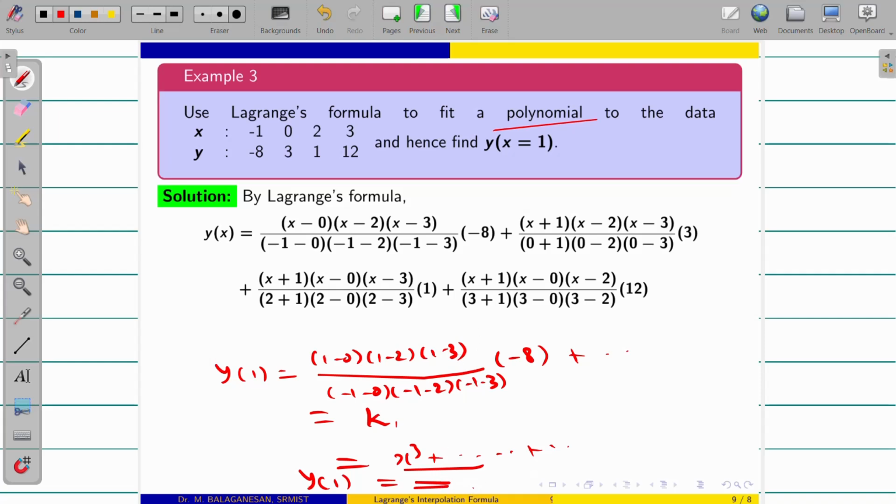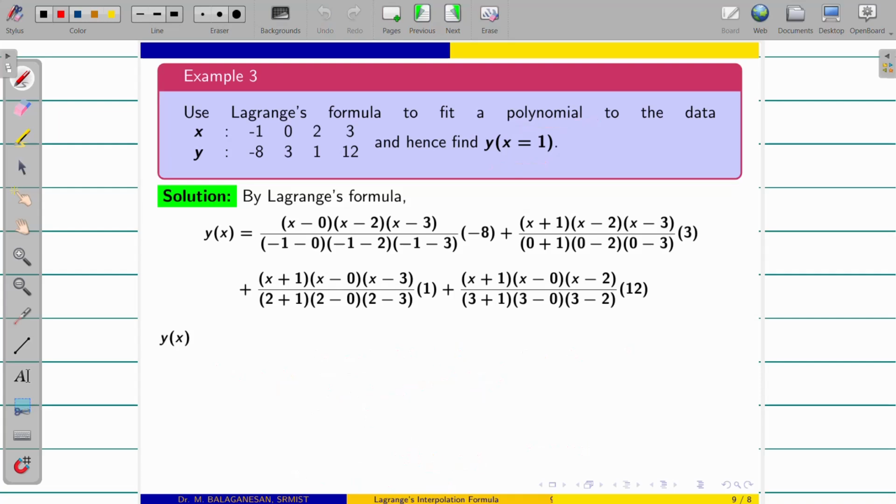So if they ask to find the polynomial and then the value of y at x equal to some other values, do not fit the polynomial first. Try to find the value first, and thereafter fit the polynomial. There you can cross check whether we are getting the same answer or not. That is what you have to do.